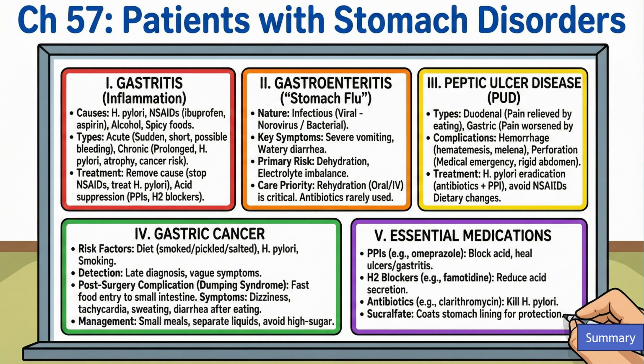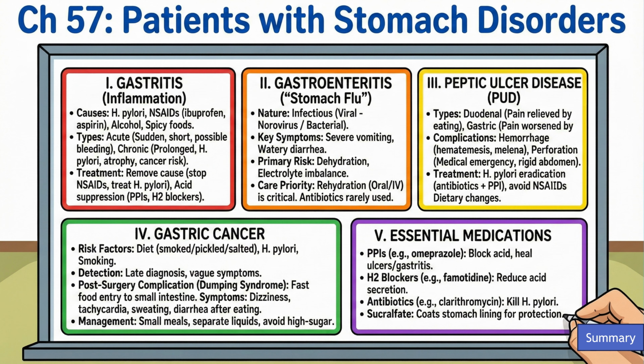The clinical manifestation is often asymptomatic until advanced stages. Symptoms include early satiety, then we have weight loss, nausea, and upper abdominal pain. To diagnose, it's endoscopy, biopsy, CT scan, and endoscopic ultrasound.